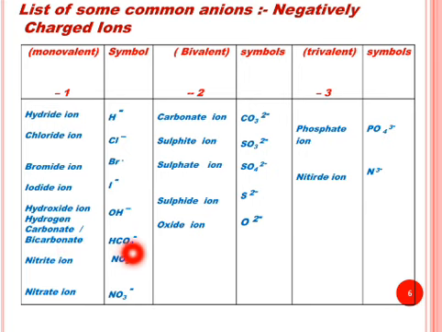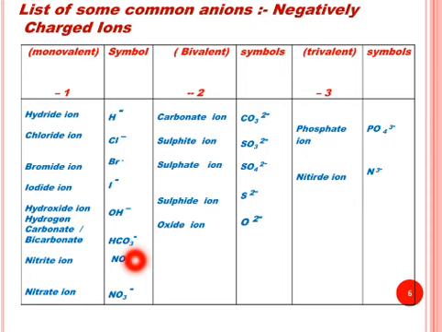See nitrite ion NO2 1-. If it is nitrite, it is NO2 negative. If it is nitrate, then it is NO3 1-. And what is the atomicity of nitrite ion? 1 nitrogen atom, 2 oxygen atoms. So the atomicity is 3.